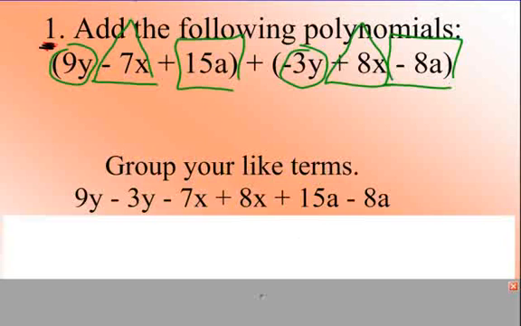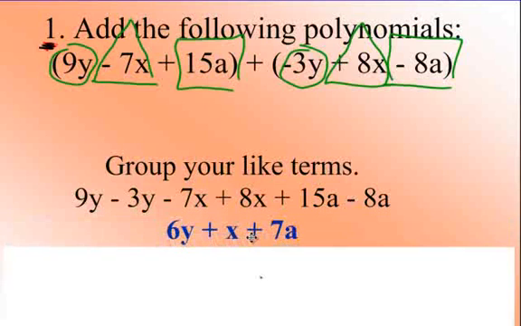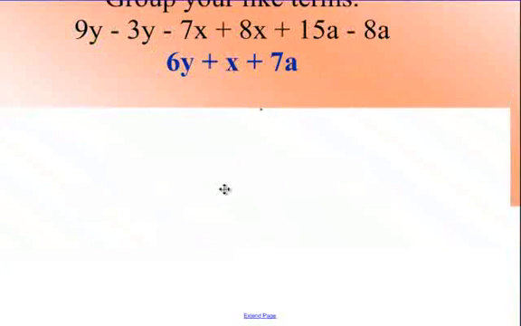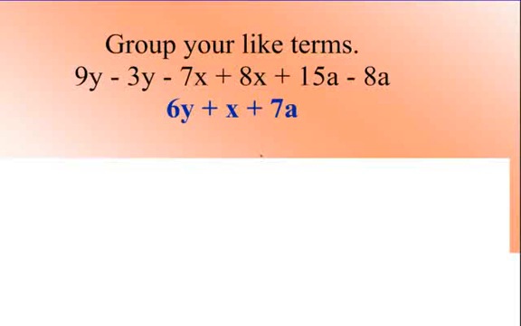So we did group those things together. And if I have 9 minus 3, so that's going to give me 6. I have negative 7 plus 8 is 1, and I have 15 minus 8 is 7, so that's what we're after right now. So we should have a final answer after we group our like terms.